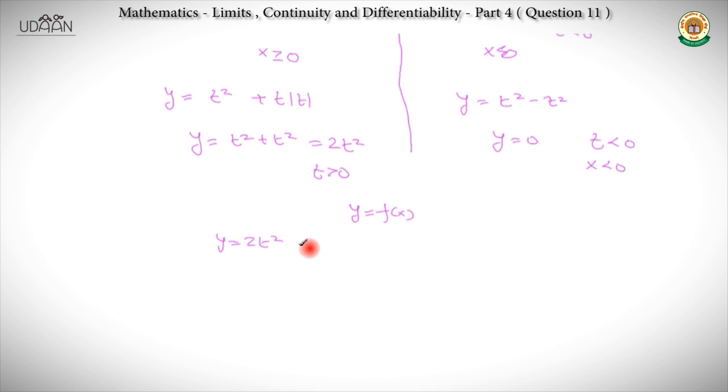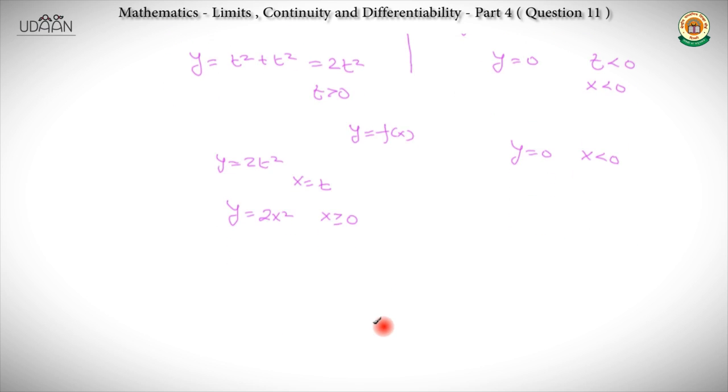From the initial step we knew that x equals to t, so replacing t by x, we get y equals to 2x square, where x is also positive. And over here y equals to 0 for x negative. So y equals to 2x square for x greater than or equals to 0, and y equals to 0 for x negative.